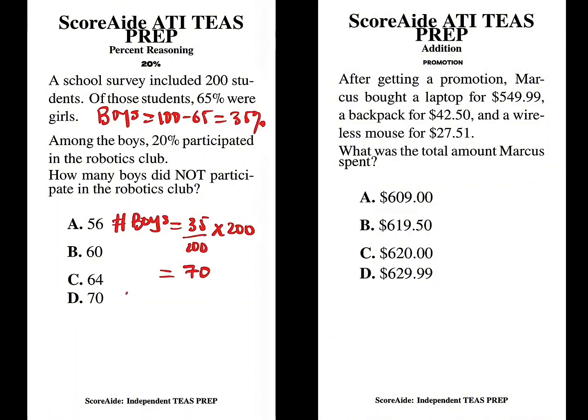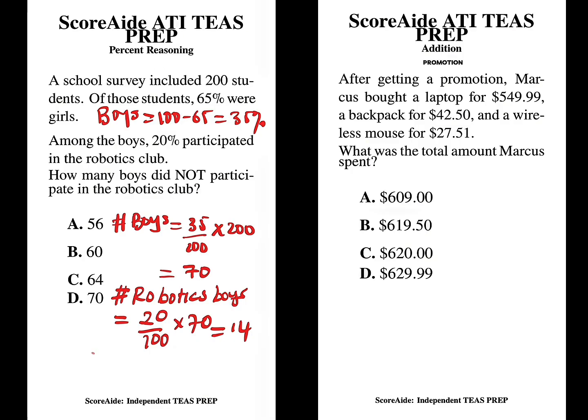The number of robotics boys is going to be 20% times 70 of these people, which is equal to 14 students. Your calculator is going to give you 14 students in robotics club.